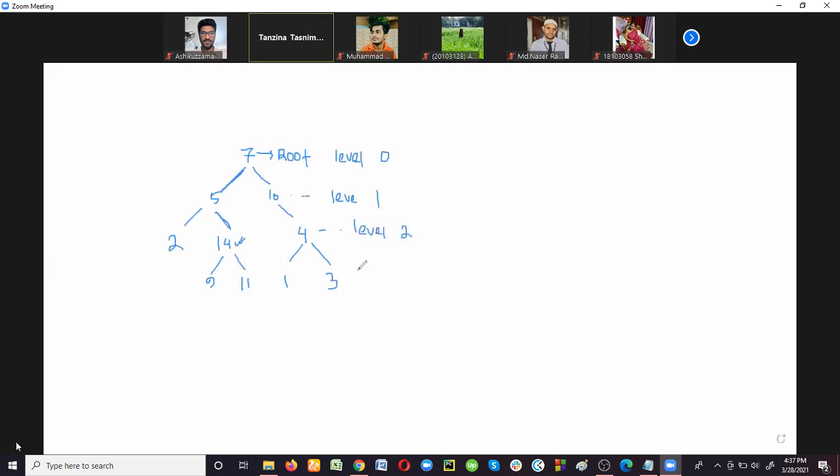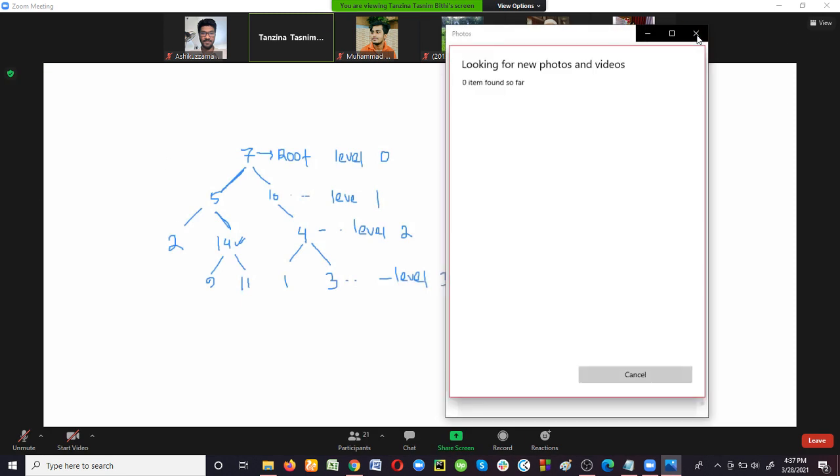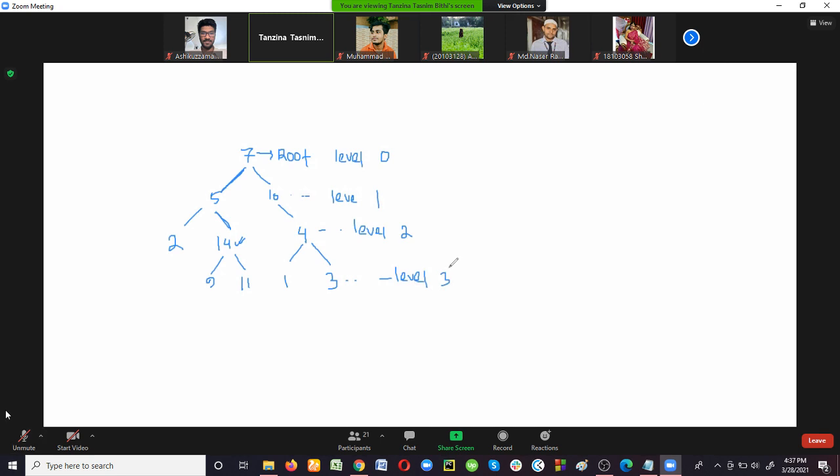The last level is where we have 9, 11, 1, 3. That is our level number 3. That means this tree has how many levels? 4 levels, starting from 0 to 3, isn't it?